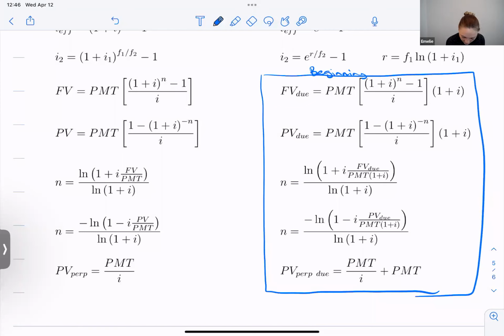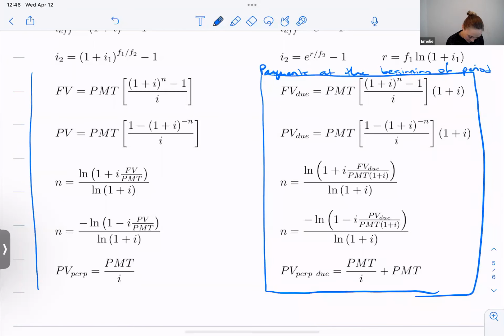Or maybe I shouldn't say. So payments at the beginning of the payment period, but I'm running out of room here.